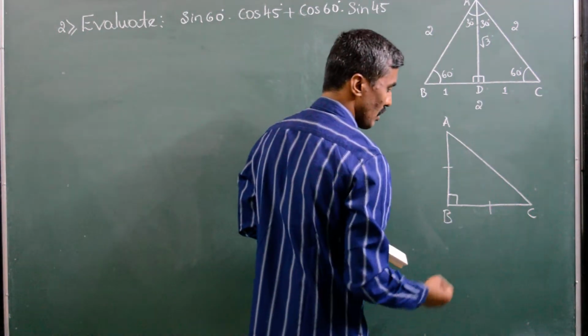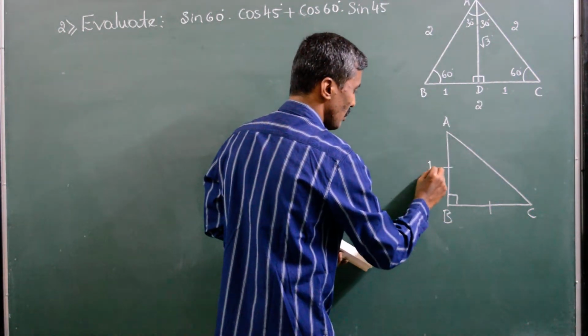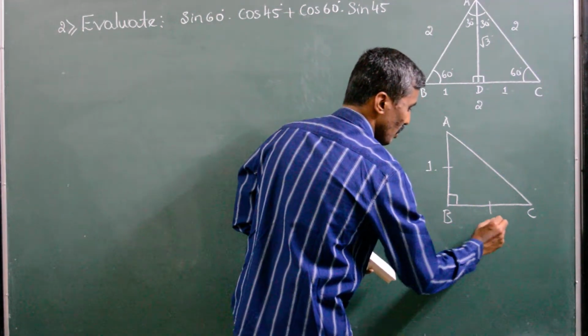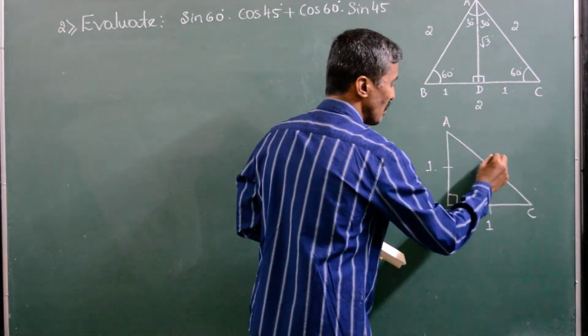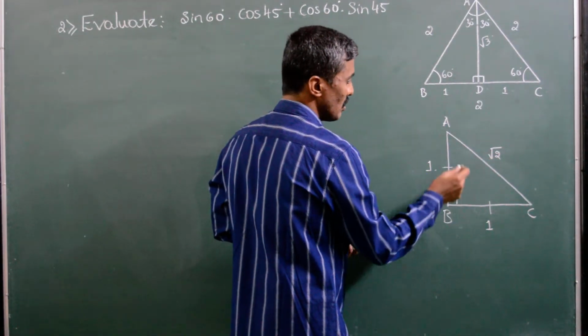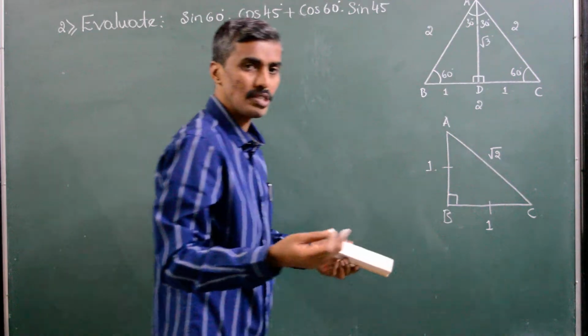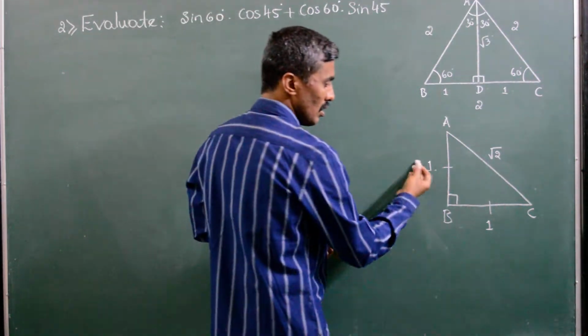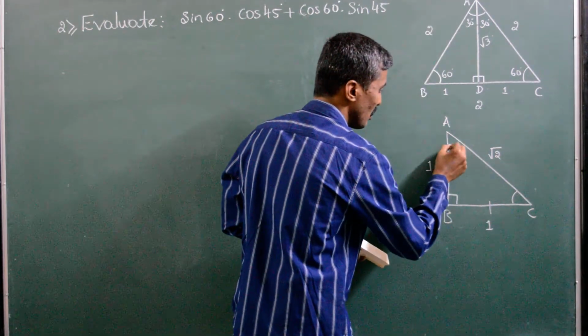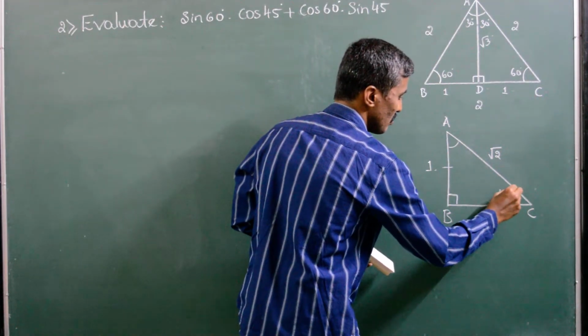So in this isosceles right triangle I will take AB as 1 unit and BC also as 1 unit. So then AC becomes root 2. Here angle B is 90 degree, then the sum of the remaining two angles must be equal to 90 degree. Since two sides are equal, their opposite angles are equal, therefore each angle will be equal to 45 degree.